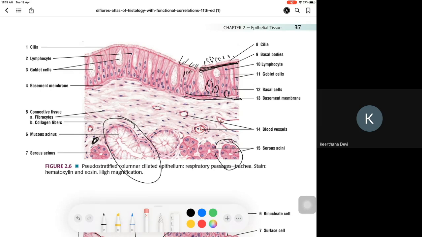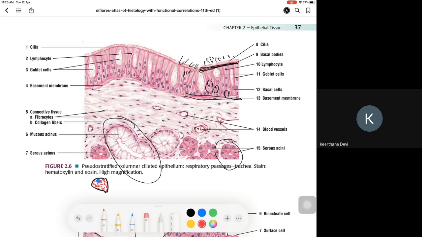Whereas in number 2, you see serous acini, and they are lined by more pyramidal cells, and they have the nucleus in the base, and they have a granular eosinophilic cytoplasm. We will see this more in the salivary gland, but you have to remember the salivary gland is mainly serous and mucin. The best example for serous is parotid. The best example for mucinous is sublingual gland.